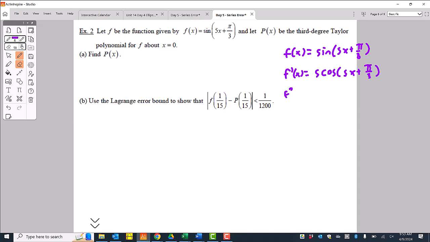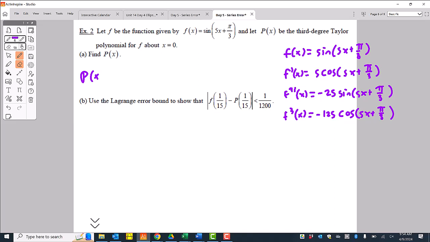The second derivative is negative 25 sine of (5x plus pi over 3). And the third derivative is going to be negative 125 cosine of (5x plus pi over 3). And then we can create our polynomial.